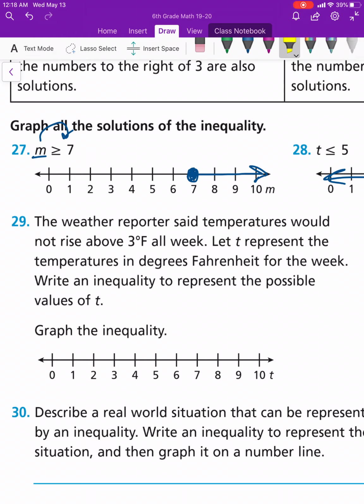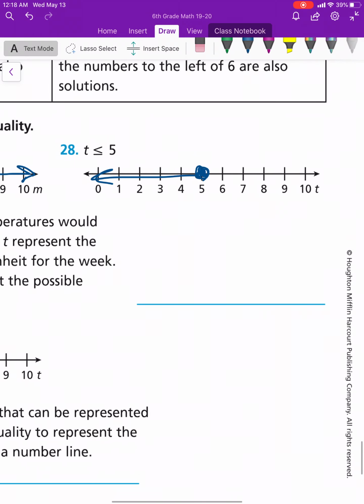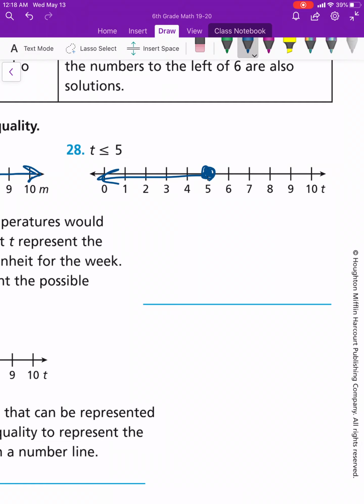The temperatures will not rise above 3 degrees Fahrenheit all week. So the number has to be less than 3. It can be 3 or less than, including, so we have to color this in just like that. And then our inequality would be T is less than or equal to 3.